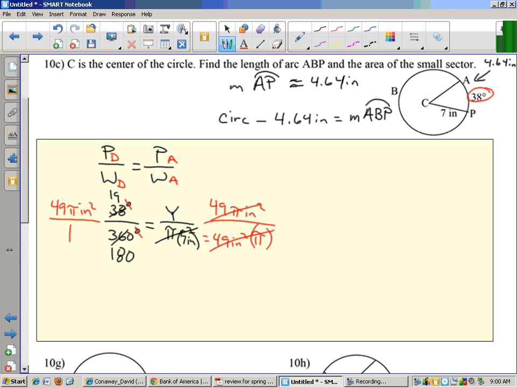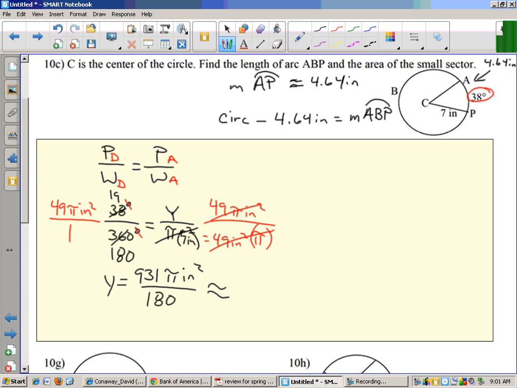I need 49 times 19. So that's going to be like 49 times 20, right? How much is 49 times 19? 931. So this will be y equals 931 pi inches squared over 180. And then once again, you can find the approximate.